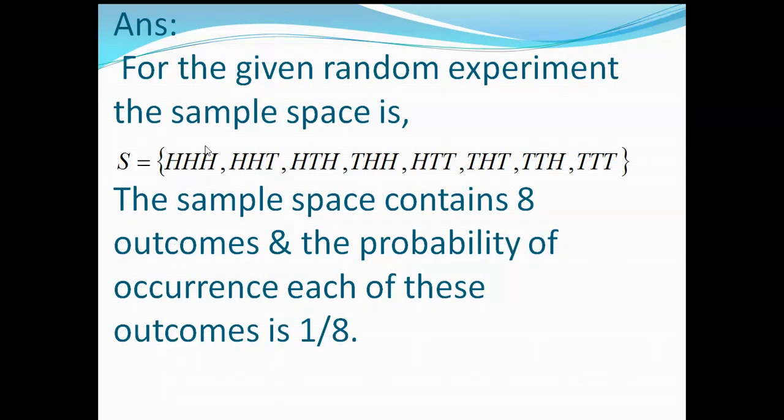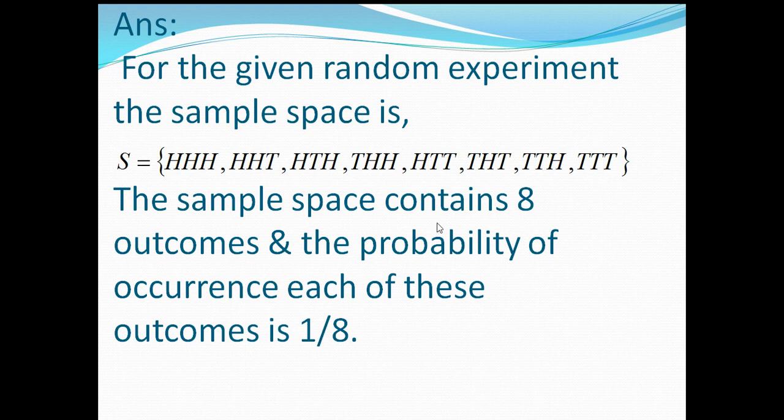For the given random experiment, the sample space S is equal to... When the coin is tossed three times, that is thrice, as given in the question, the possible outcomes are HHH, HHT, HTH, HTT, THH, THT, TTH, TTT.